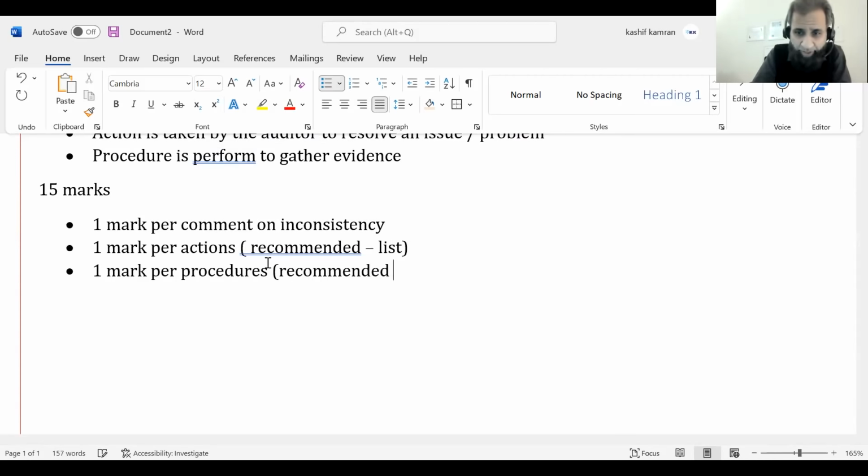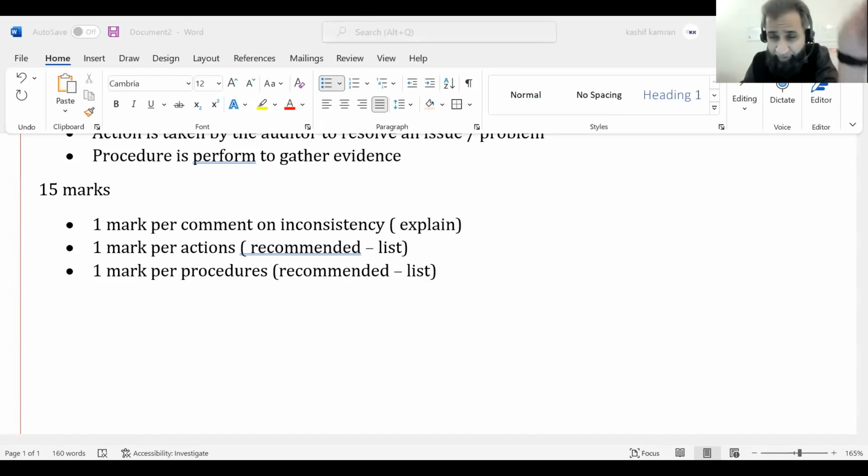So that will save a lot of time in the exam. And the comment on inconsistency is something you need to explain. But how many total points should you have in your whole answer? 15, right? Irrespective, for some issues you're writing less, for some issues you're writing more. Are you clear with that, everyone? Are you clear with the breakdown of 15 marks?